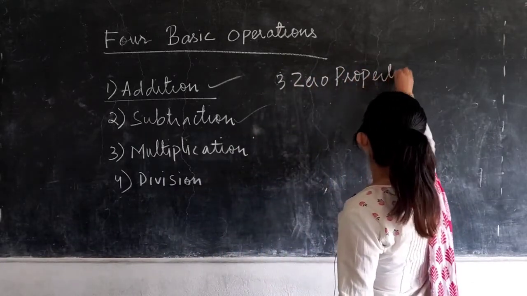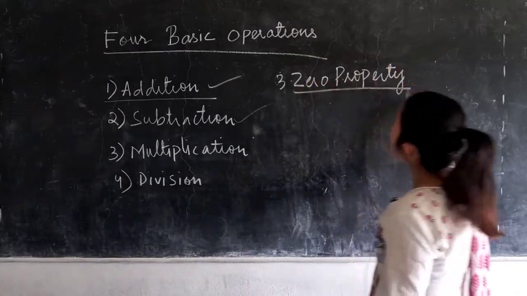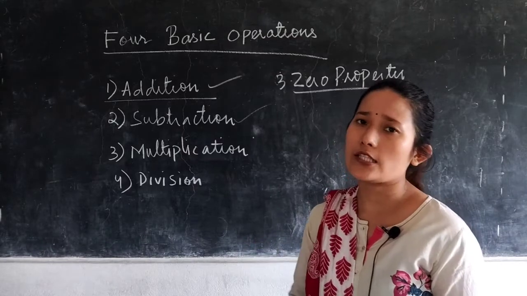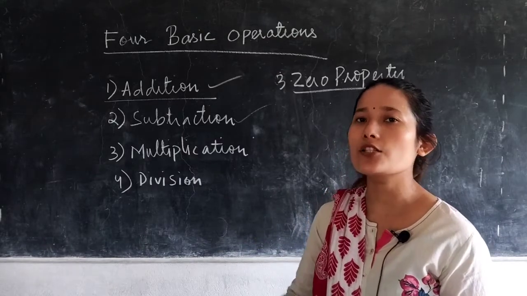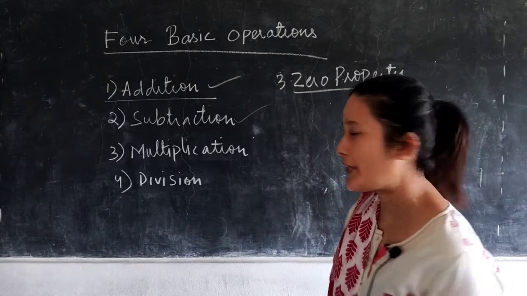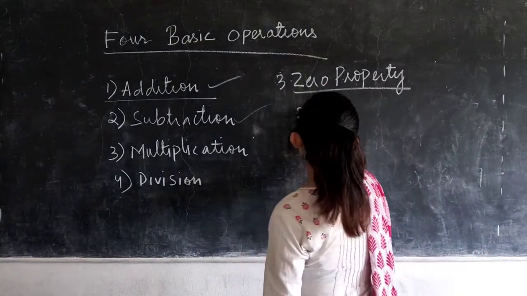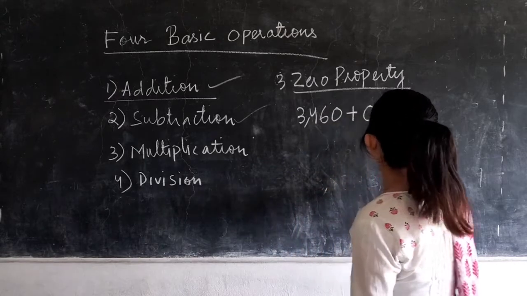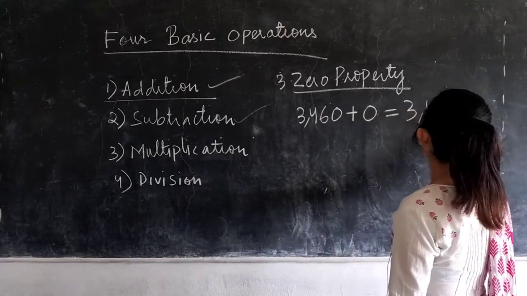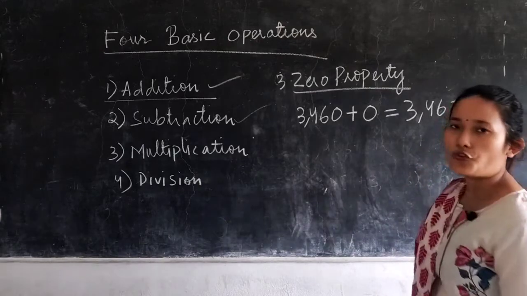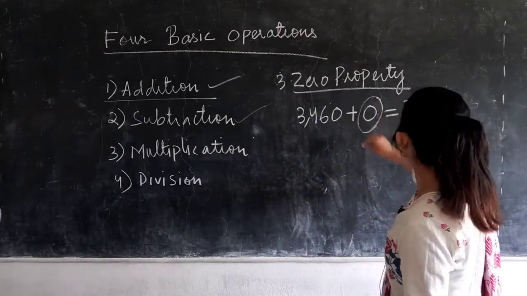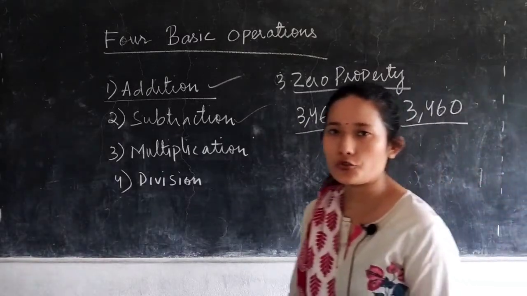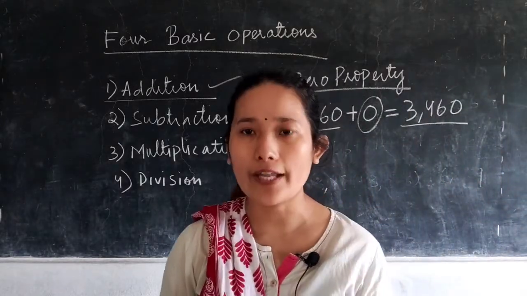Now zero property implies that if you add any number with 0, the answer would be that particular number. For example, if you are given 3460 and if you add it with 0, answer would be 3460. So if you add any number with 0, answer would be that particular number. So I hope you understood these 3 properties of addition.